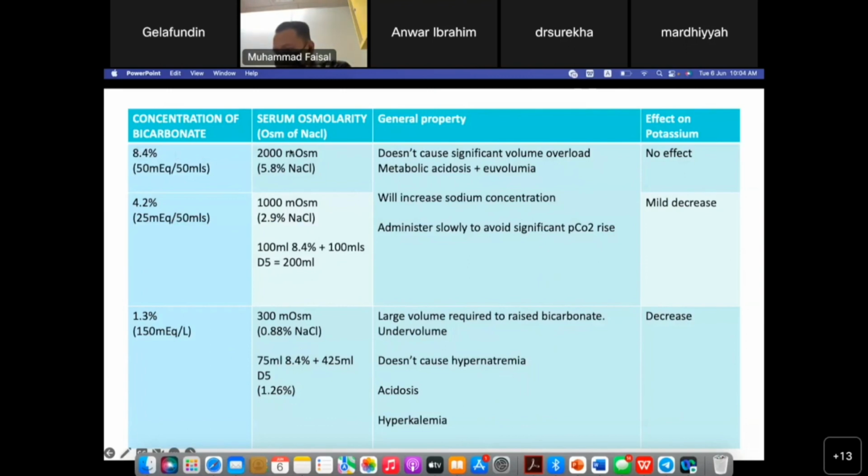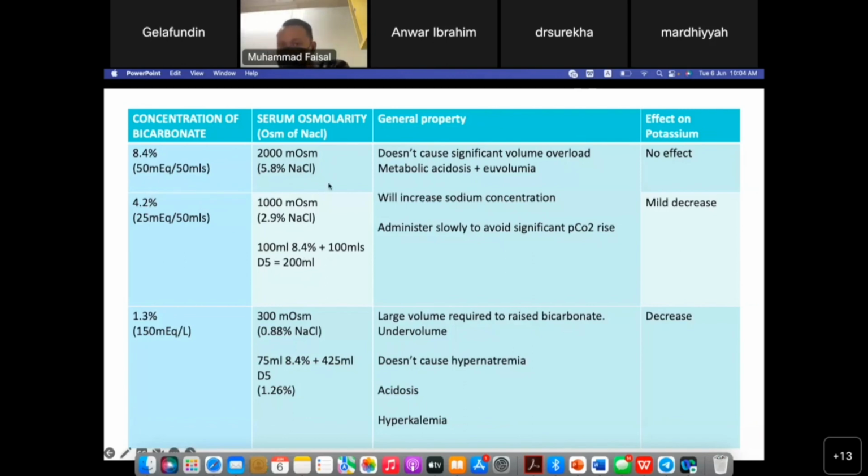This is very hyperosmolar, about 2000 milliosmoles, and its sodium concentration is very high. We can create a less osmolar solution by taking 100 mL of 8.4%, adding 200 mL of D5, creating 200 mL of 4.2%.